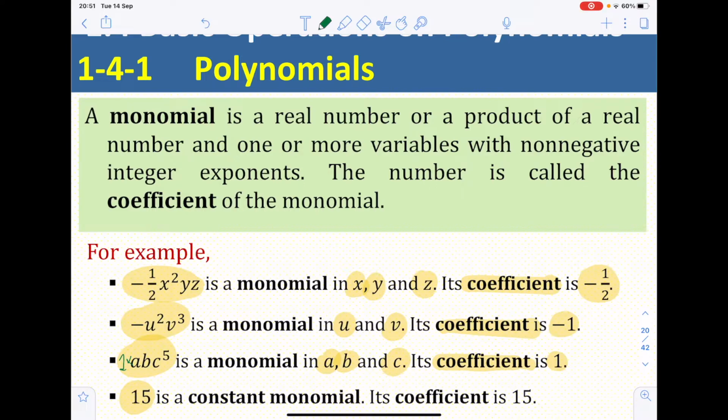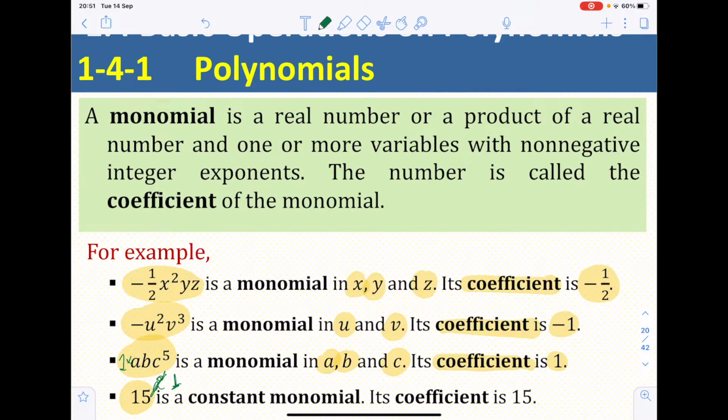And for this one, we don't have variables, so it is as if the variable, whether x or a, is raised to the power 0. That's why it equals 1. What makes a variable equal 1 is when it's raised to the 0 power.